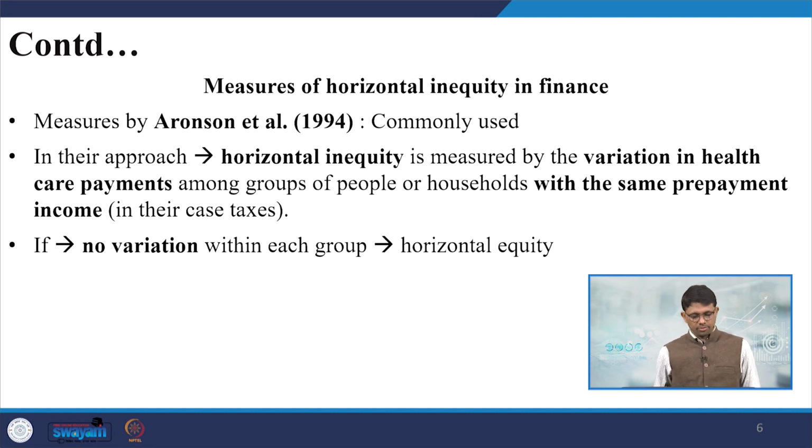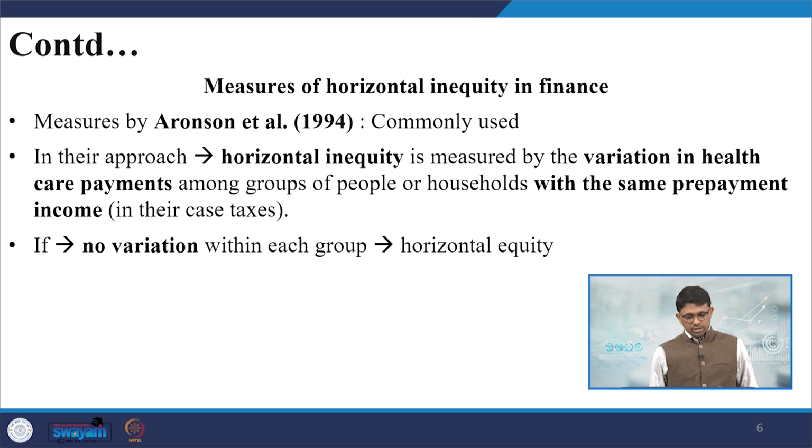Basically, we are comparing with their income level with or without taxes. When it is the same prepayment income level, but the variation in healthcare payments is different, then that creates the possibility of horizontal inequity.